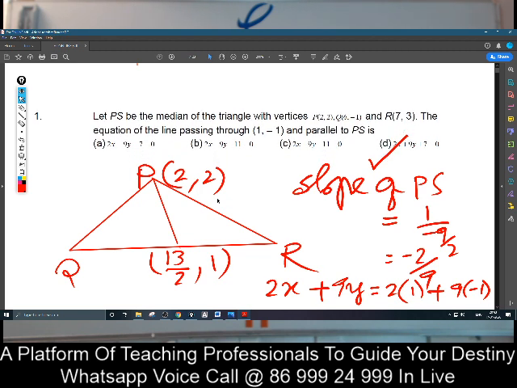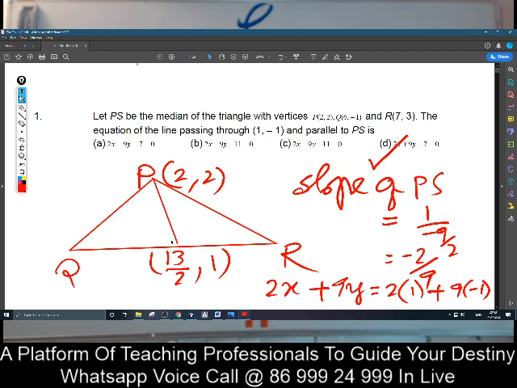This is the first question. Why I have taken this first question: you have centers of the triangle with respect to the straight line. The centers of the triangle are very important, and among them the centroid, orthocenter, circumcenter, incenter. Centroid is the point of concurrence of medians, and median is this one, which we just got.